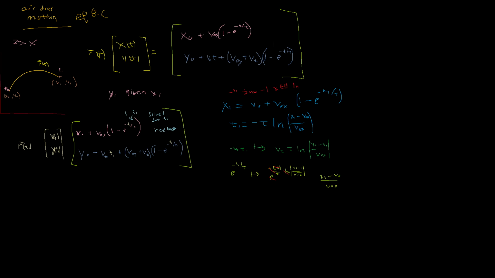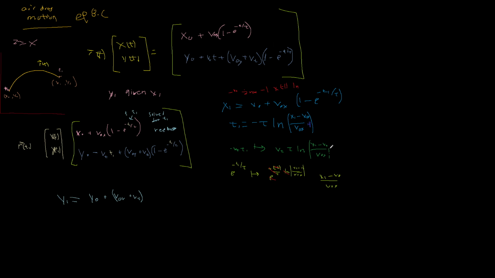So when we substitute this in, we get y1 is equal to y naught plus v0y plus v terminal times x1, or am I missing something? Oh, right, I forgot this one. We have this plus 1 term in here, which I completely forgot about.